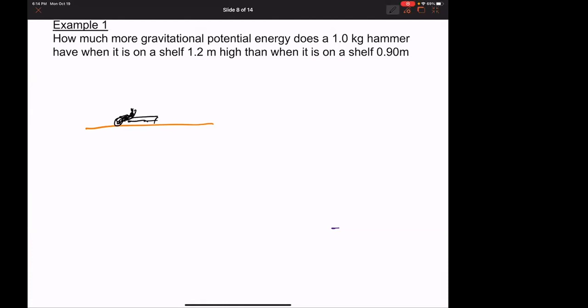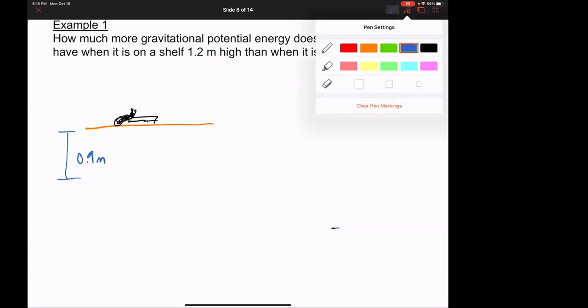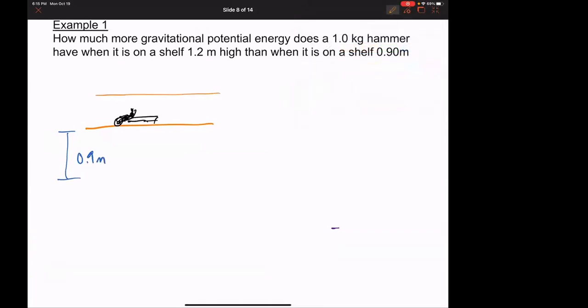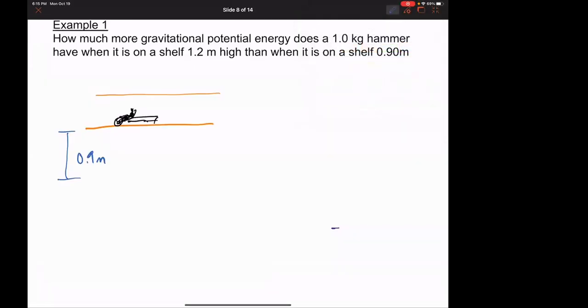So my hammer's on the shelf, and the first shelf is 0.9 meters. And then our second shelf is up here, and that would be 1.2 meters. And we're looking for how much more potential energy. So we'll say that this is YA, and we can call this YB.